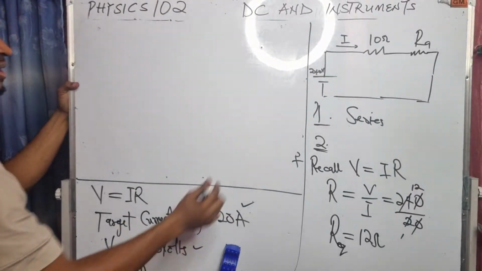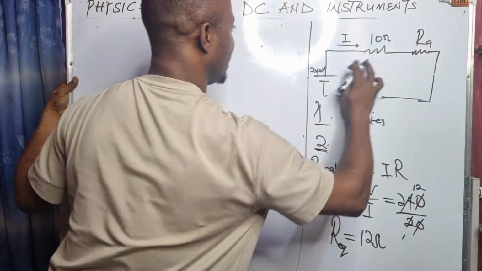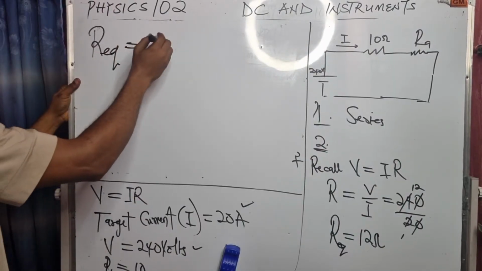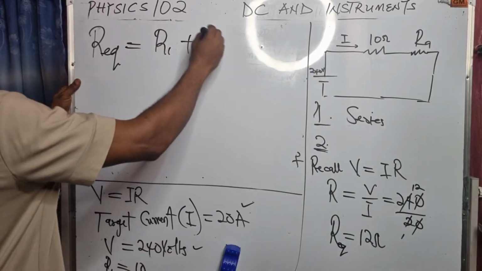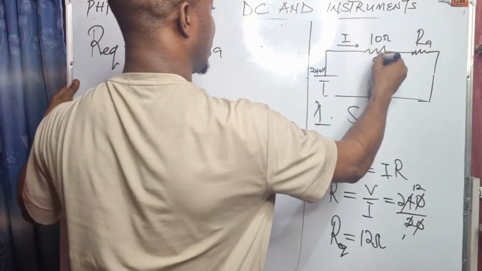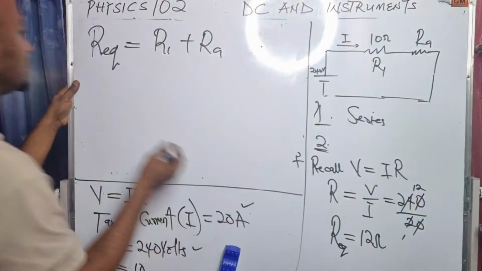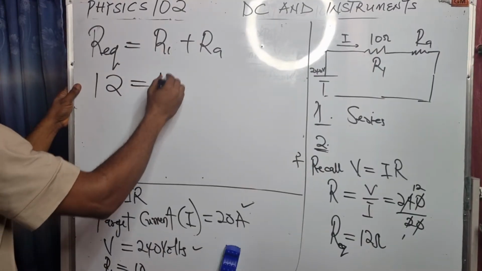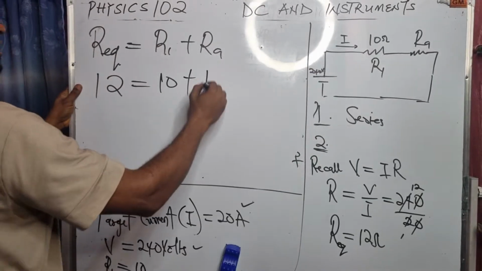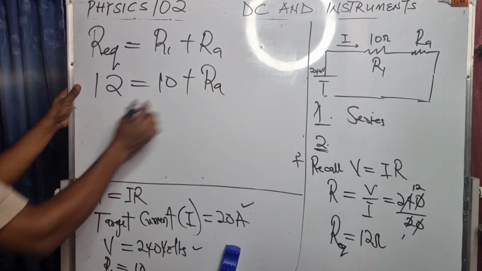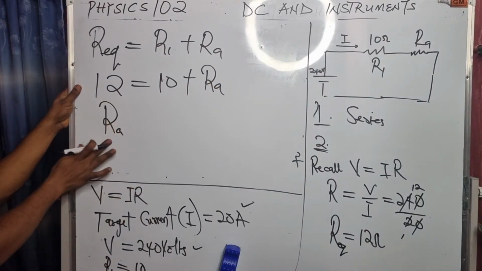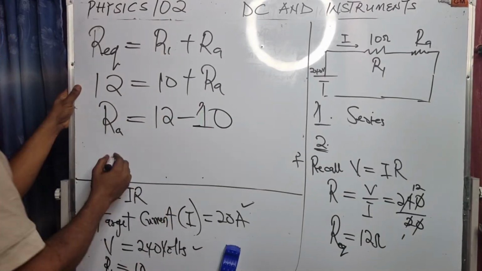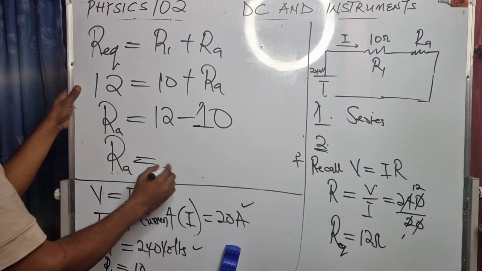Since we are connecting them in series, our RO equivalent equals RO1 plus ROA. So 12 equals RO1, which is 10, plus ROA. To find ROA, the auxiliary resistor, it equals 12 minus 10. So the ROA becomes what here?